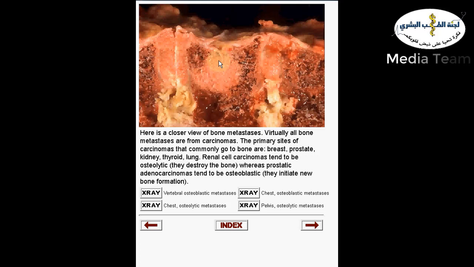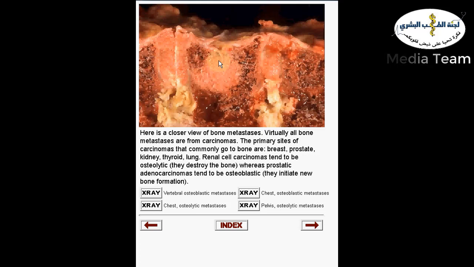Under radiology, we divide the metastatic tumors into two types: osteolytic tumors and osteoblastic tumors. Osteolytic because the tumor cells destroy the bone trabeculae, and under X-ray they appear as lytic lesions, empty spaces inside the bone.